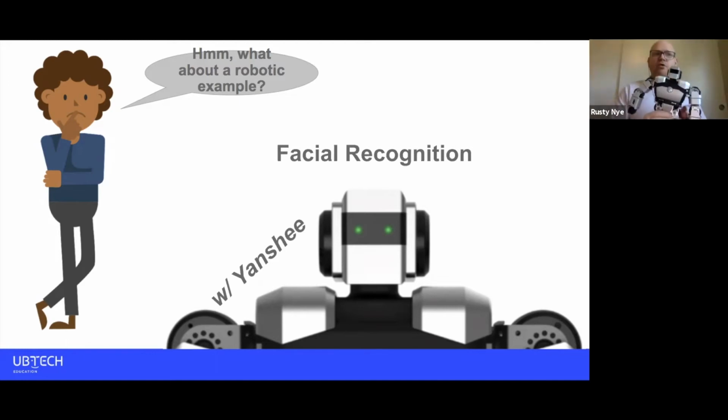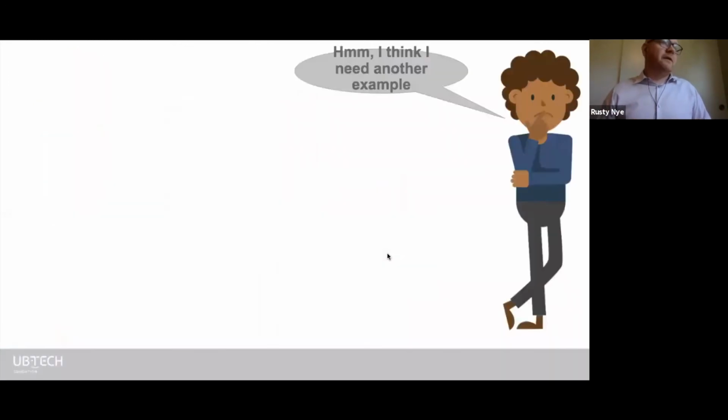We can program Yanshi to recognize a particular person's face and then respond to what it recognizes. This is an example of utilizing that technology in something we can really bring into the classroom. As AI becomes more ingrained into our devices, facial recognition will continue to make interactions with computers a lot more acceptable and a lot easier for us to see.